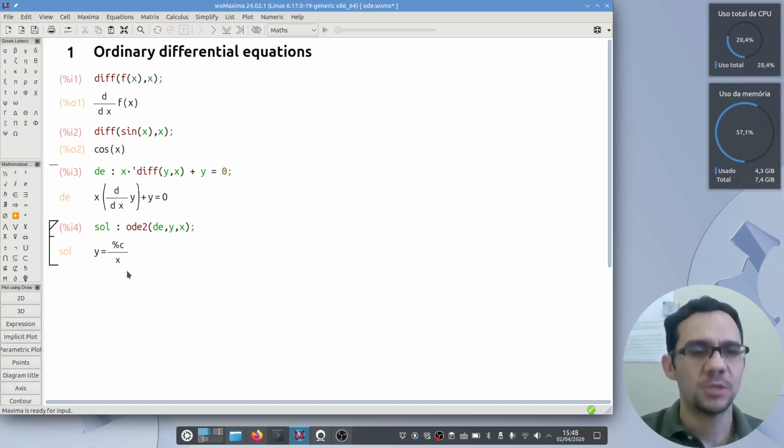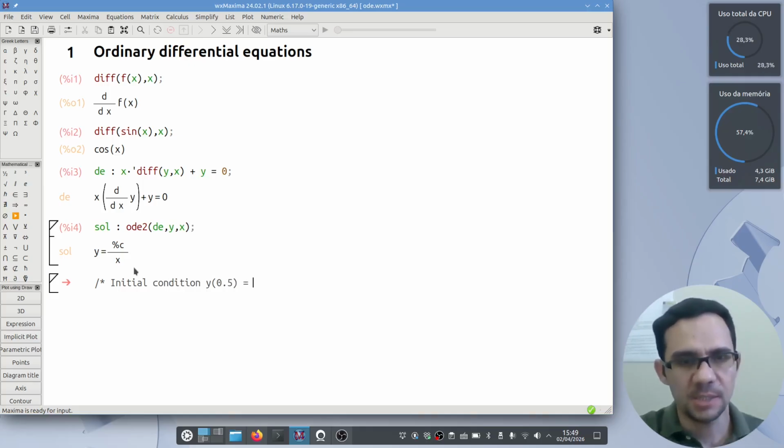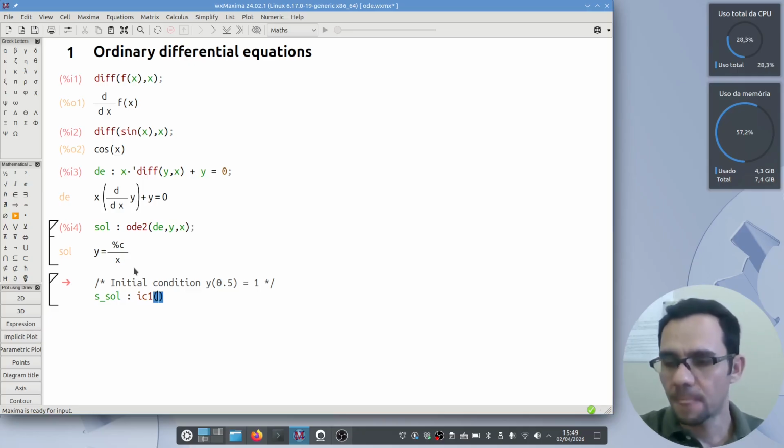In order to find this constant, we need to tell Maxima what the initial condition is. For example, I will use that y when x is 0.5 is 1. How do I tell Maxima that this is the initial condition? I tell it with the command IC1, since this is a first order problem.